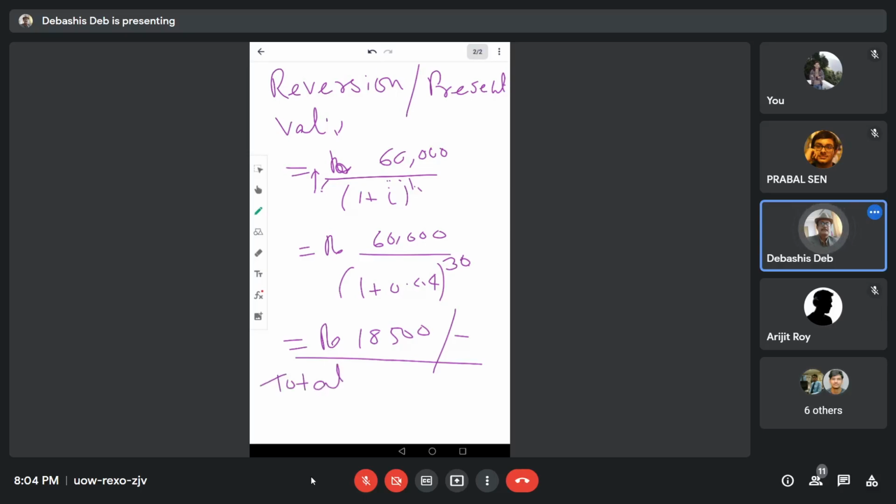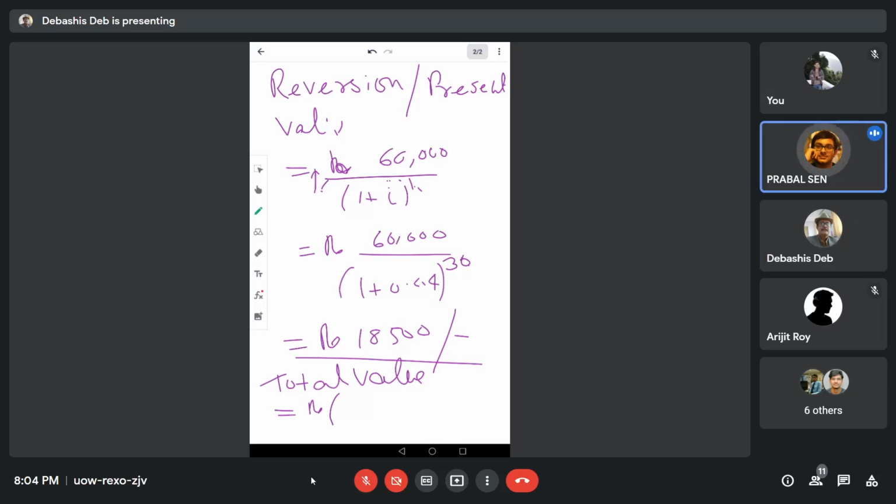So now I can easily write the total value for the initial 30 years plus this. What is the value of the building in the second case? Just now we have calculated, no?